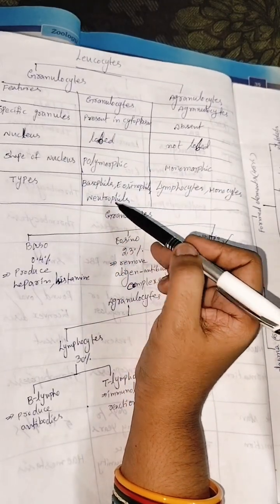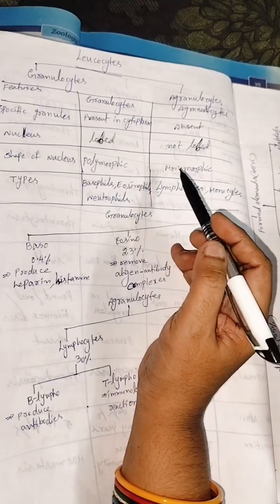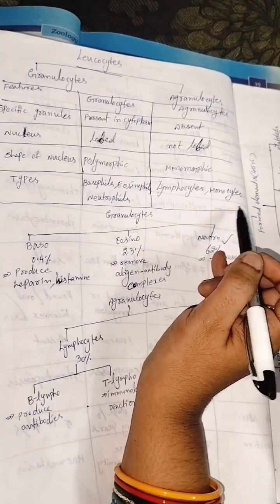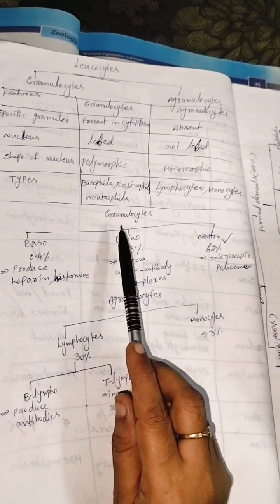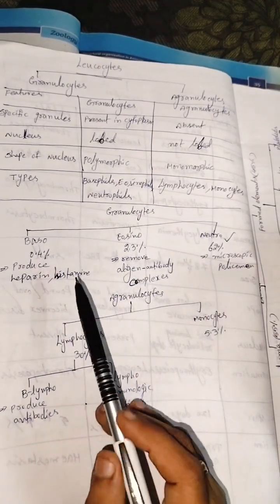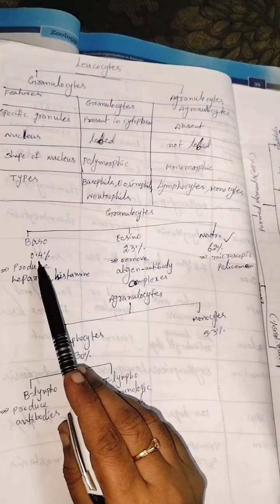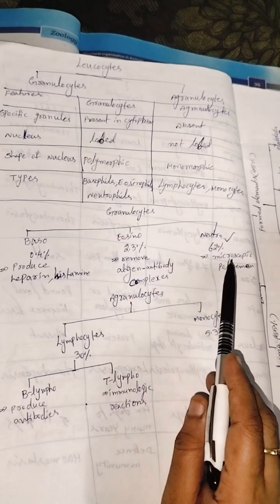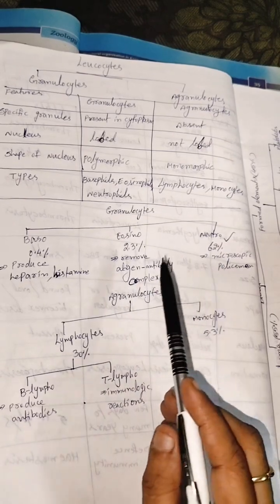Granulocytes are 3 types: basophils, eosinophils, neutrophils. Agranulocytes: lymphocytes, monocytes. Basophils 0.4%, eosinophils 2.3%, neutrophils 62%.